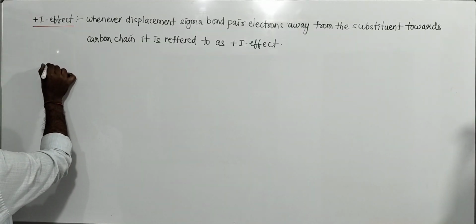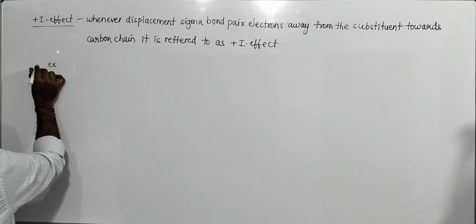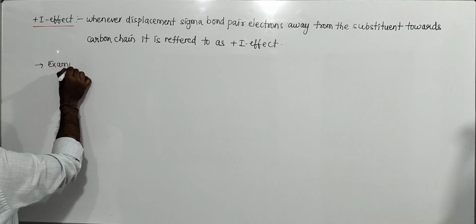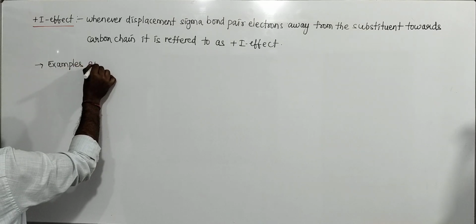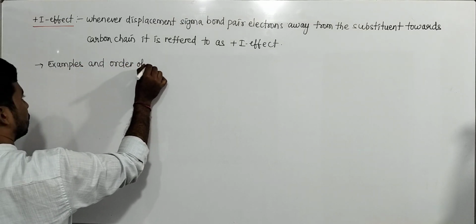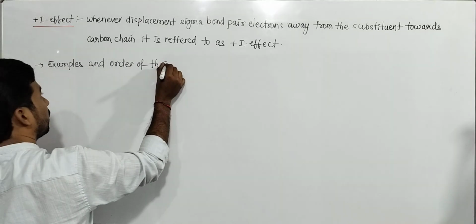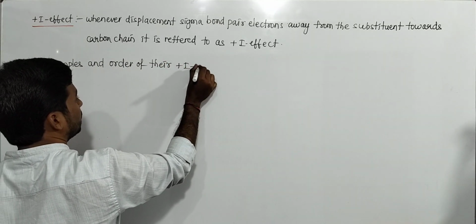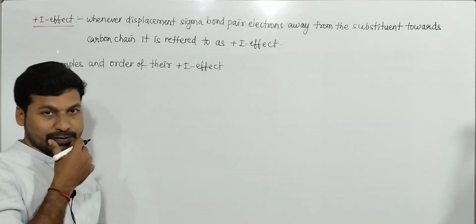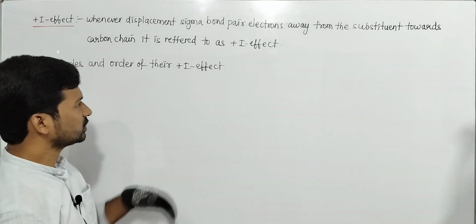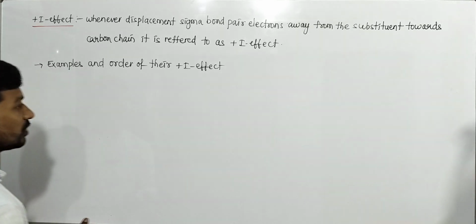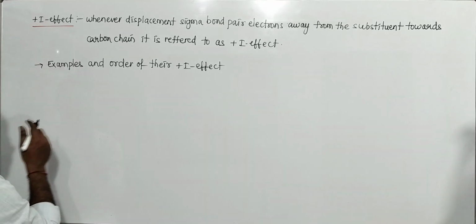Okay. Examples for plus I groups and the order of their plus I effect. I will give some plus I groups. The group which causes plus I effect is a plus I group, and also the strength of the plus I effect in order.